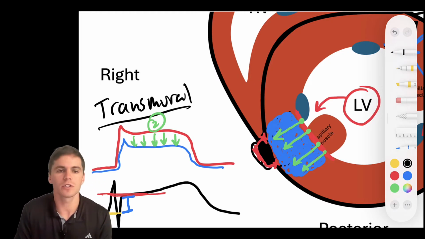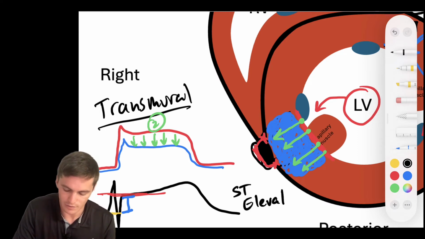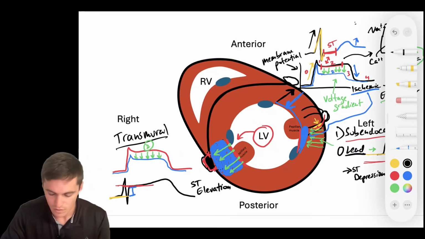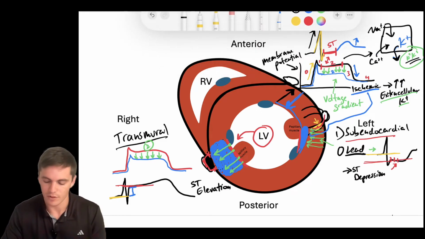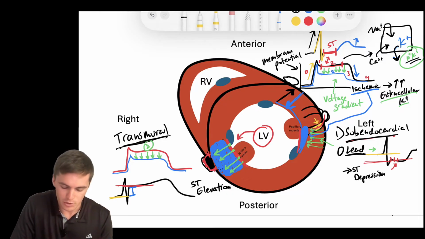So in transmural ischemia, transmural infarctions, you're going to see ST elevation, right? And so that is the mechanism that explains the difference between subendocardial ischemia and transmural ischemia.